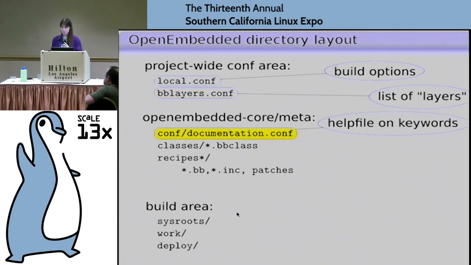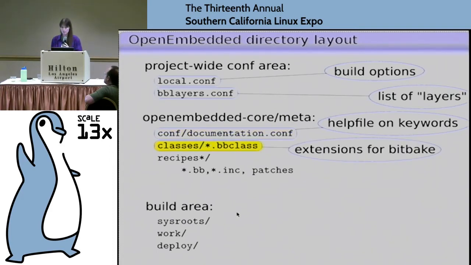Namely, under the conf directory has lots of important config files that you probably won't have to change. So I'm not putting them up here. But there's one that's really useful. It's called conf/documentation.conf. I wish every layer would provide a nice documentation, but OpenEmbedded did provide some helpful stuff. This is like a glossary of keywords for stuff that apply to the OpenEmbedded.